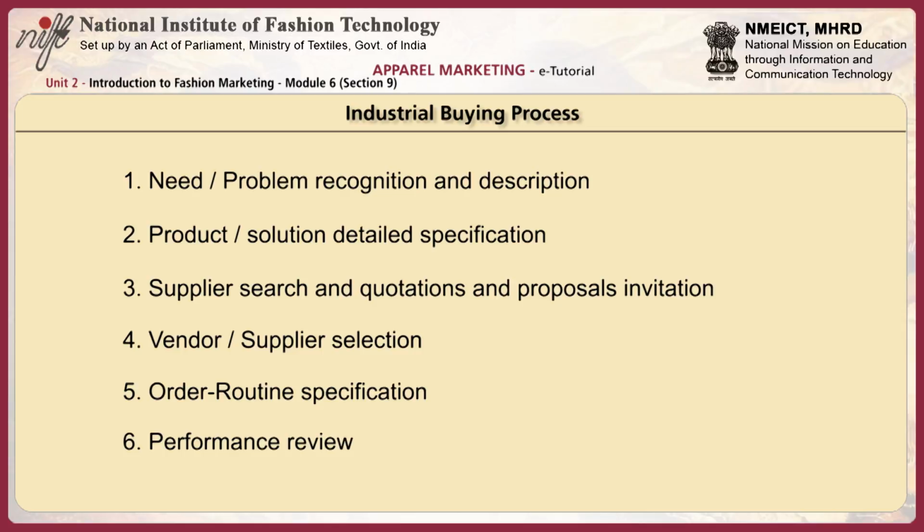The next step is supplier search and quotations and proposals invitation. Next, vendor and supplier selection. The next step is order routine specification, then performance review. This is the series of steps that are followed in industrial buying.